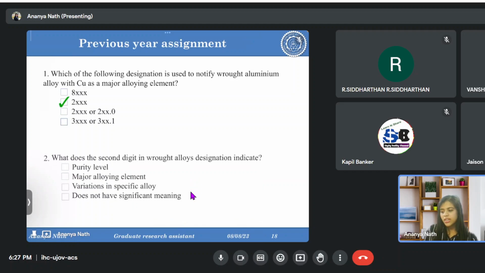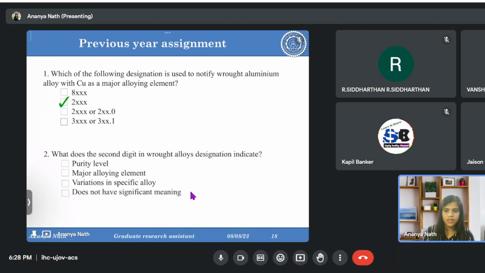Next is, what does the second digit in wrought alloy designation indicate? Is it purity level, major alloying element, variation in specific alloy, or does it have any significant meaning? It's good if you guys interact with me during this session.